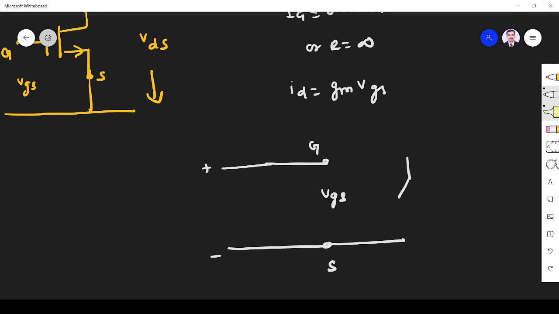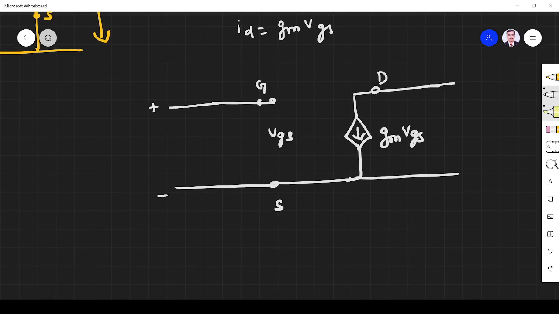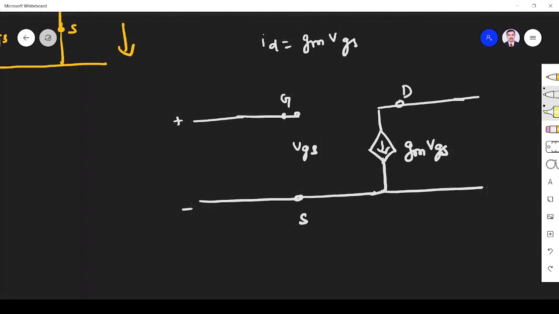So it is a current id, that is gm vgs. This is D. So this is the small signal equivalent of the NMOS common source transistor.